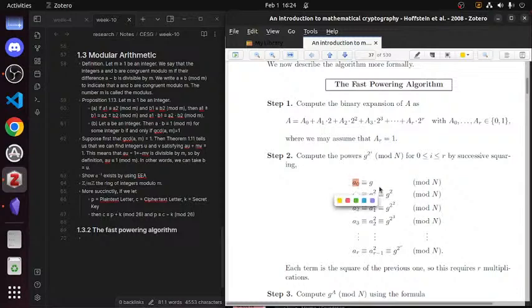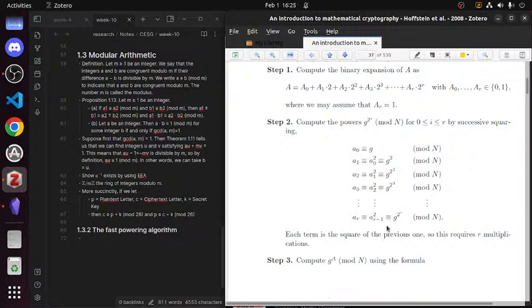So the previous round squared is congruent to this. The previous round squared is equal to this squared again. Okay.